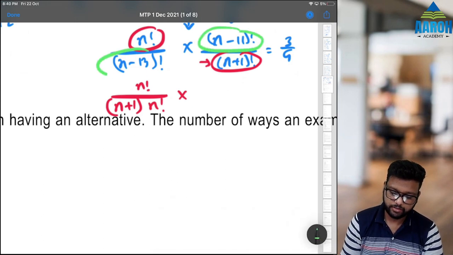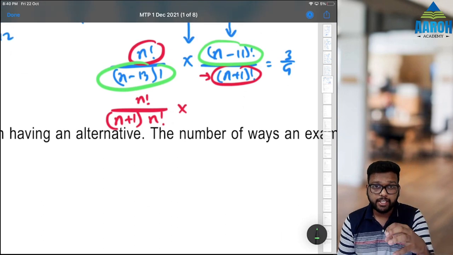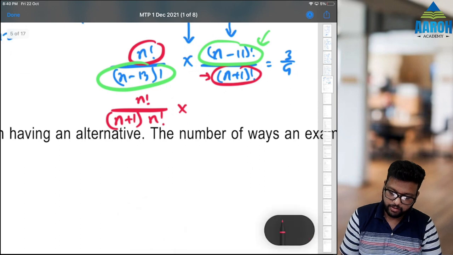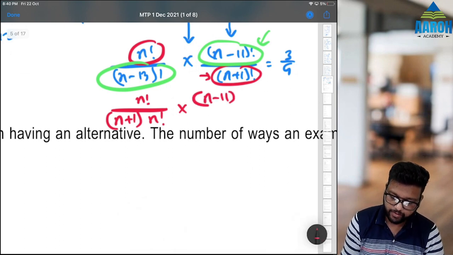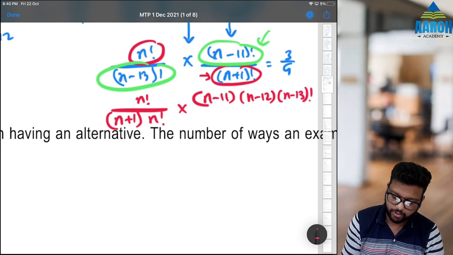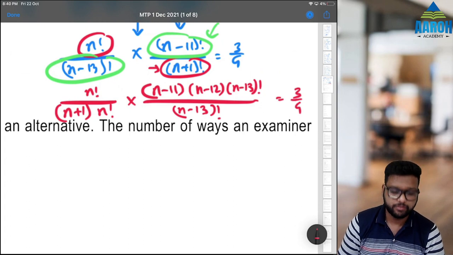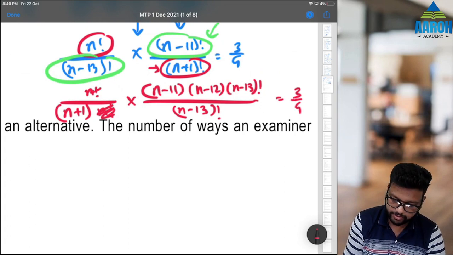Who is bigger? n minus 11 or n minus 13? n minus 11 is bigger, right? So again n minus 11, n minus 12, and then (n minus 13) factorial by (n minus 13) factorial is equal to 3 by 4. We can directly cancel this.